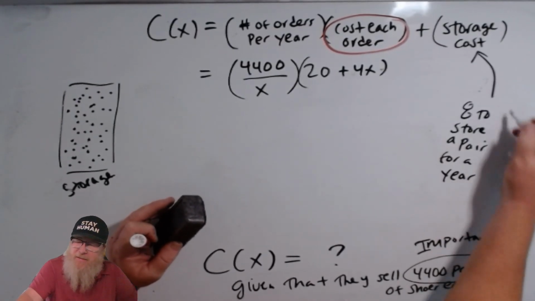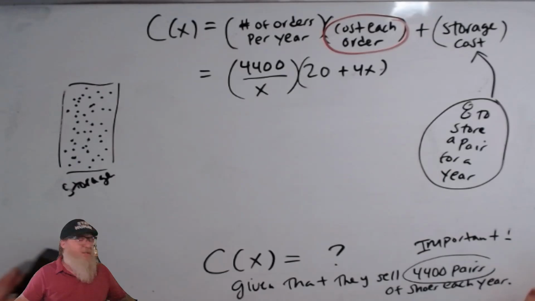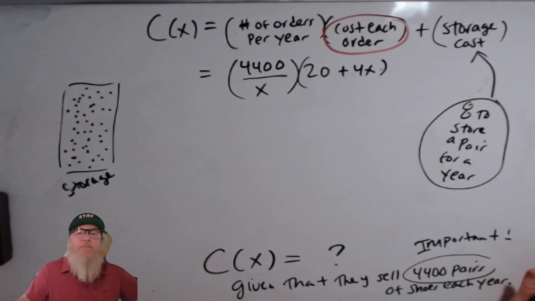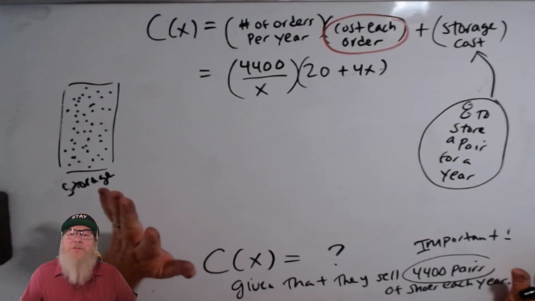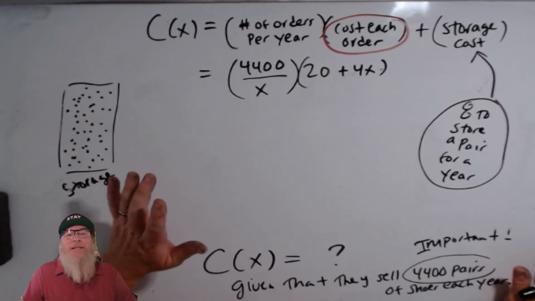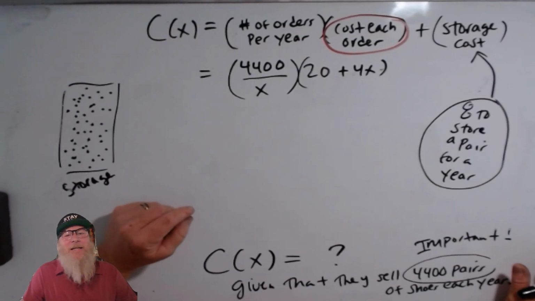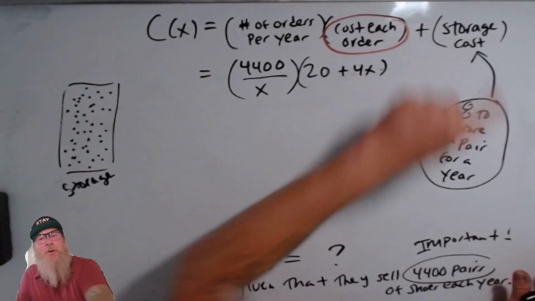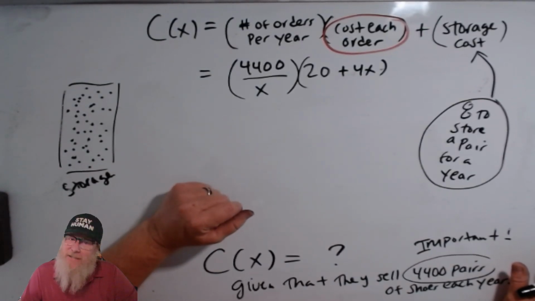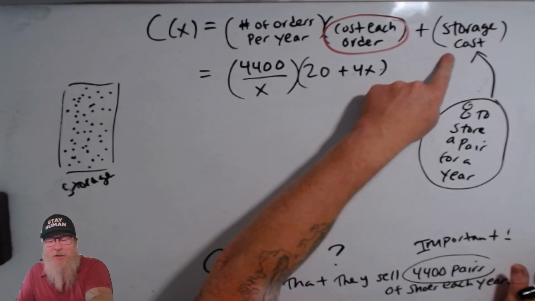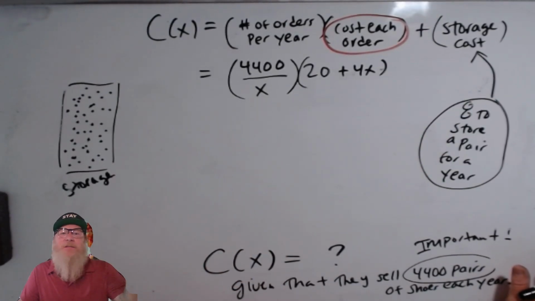Now, I'm going to admit to you, this is where I, as a student, and honestly, even as a professor, if I just went into this cold, without any preparation, even with all my training and experience, I probably would have just put 8 right there. And I want to admit, the first time I did this problem, that's exactly what I did. Because the storage cost, I'm thinking, is $8, and that's it, right?